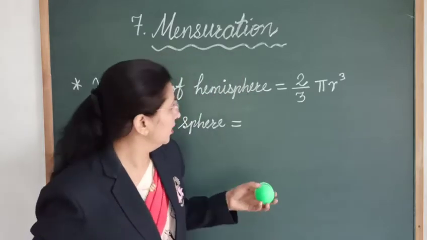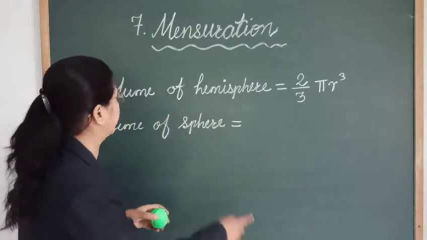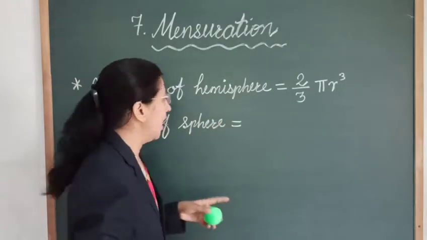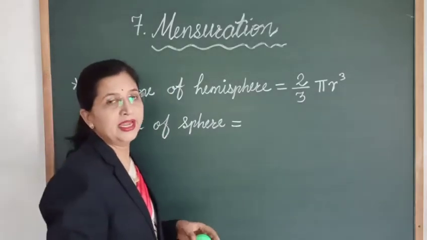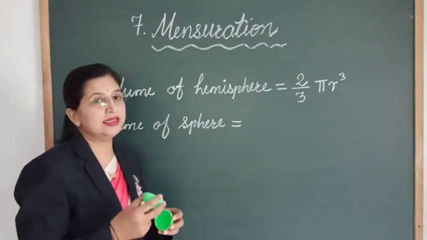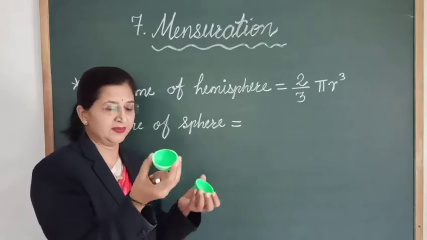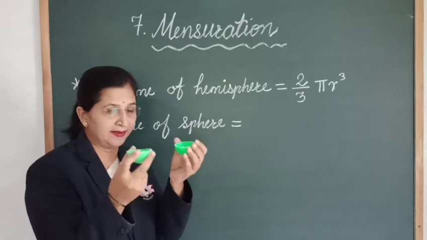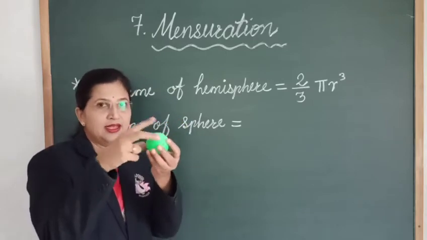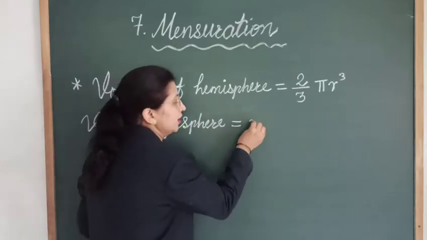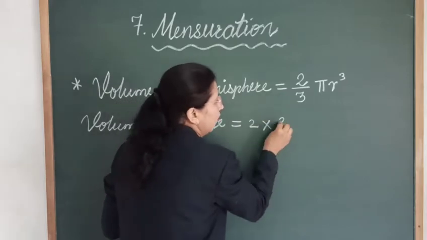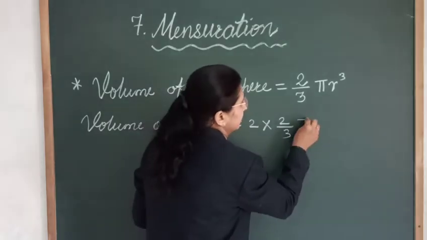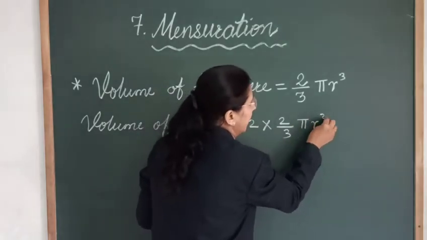And we have the formula for the volume of a hemisphere, that is 2 upon 3 pi r cube. To get the sphere, we have to take the hemisphere 2 times. So we'll say 2 multiplied by the volume of a hemisphere, that is 2 upon 3 pi r cube.